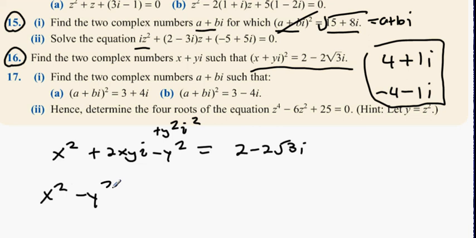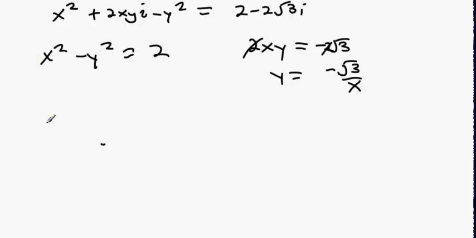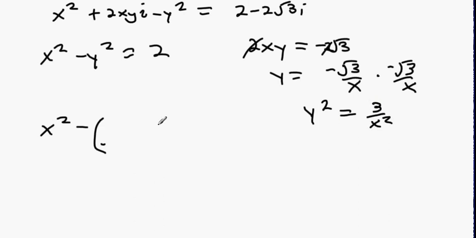Then we're going to have x squared minus y squared, which is the real part, equals 2. Then the imaginary part, 2xy equals minus 2 root 3. We cancel the 2s, and we get that y equals minus root 3 over x. We then put that in here, so we get x squared minus y squared, and when you square that out, y squared is going to be 3 over x squared.